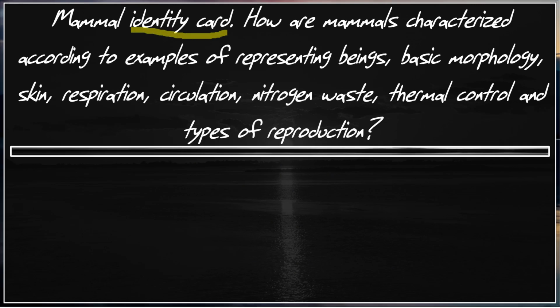Mammalian identity card. How are mammals characterized according to examples of representing beings, basic morphology, skin, respiration, circulation, nitrogenous waste, thermal control, and reproduction?